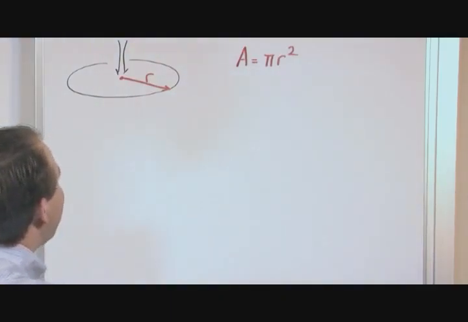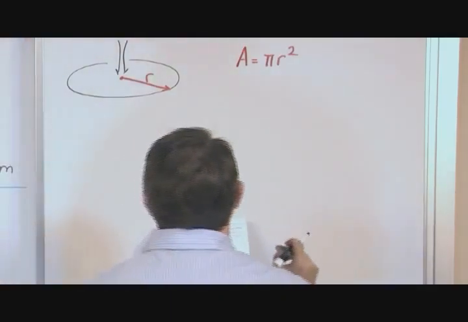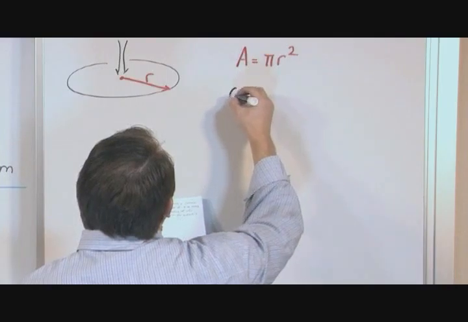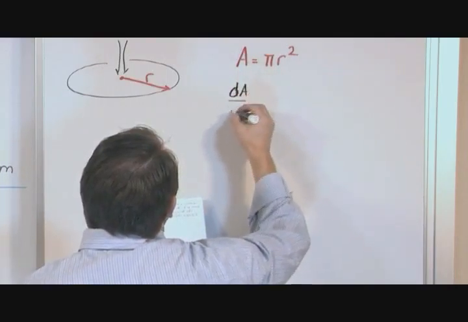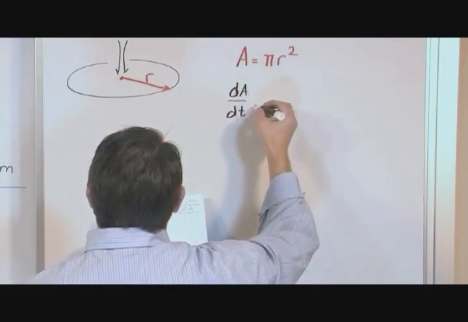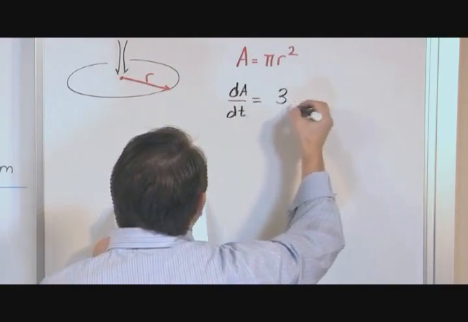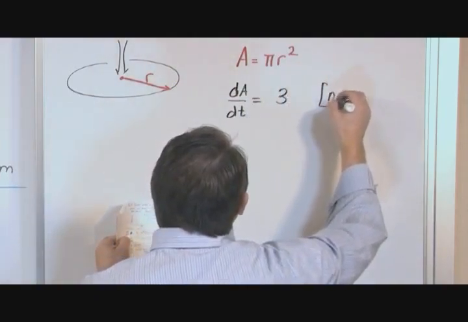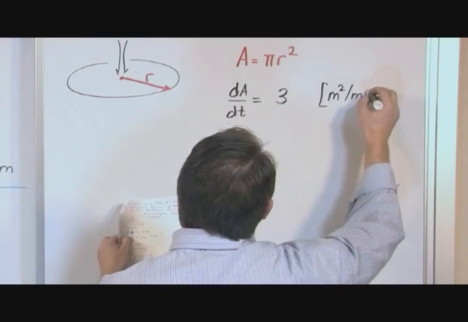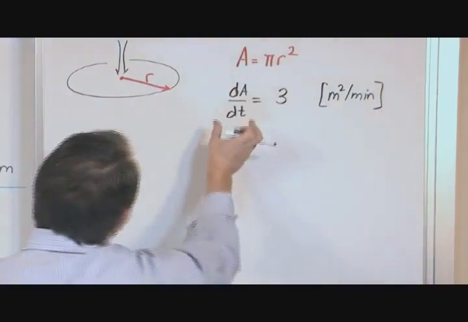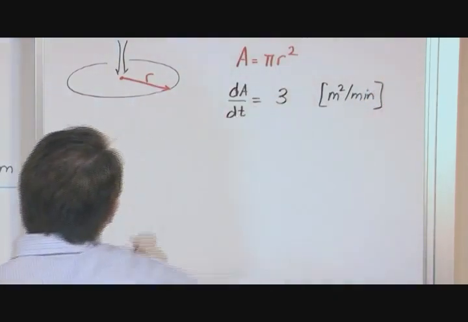Here, the area is changing at a certain rate. So what this means is that this is given to us. dA/dt, the derivative of this area with respect to time, is a positive 3, and the units are meters squared per minute. This is all given to us in the problem, but it's up to you to tag it and tell yourself that it's equal to dA/dt.